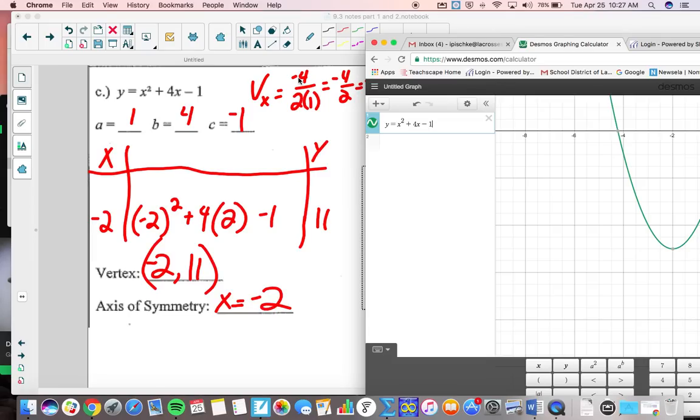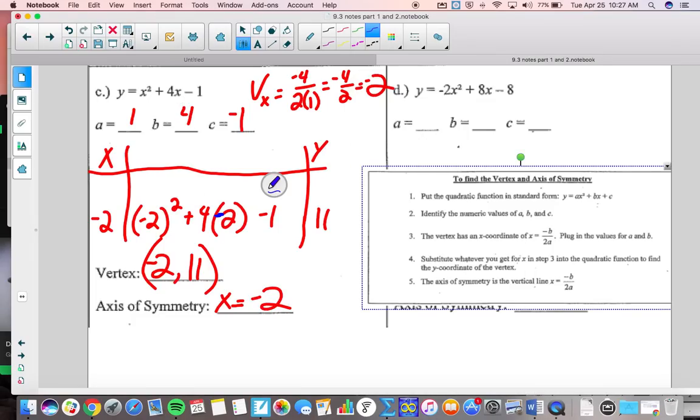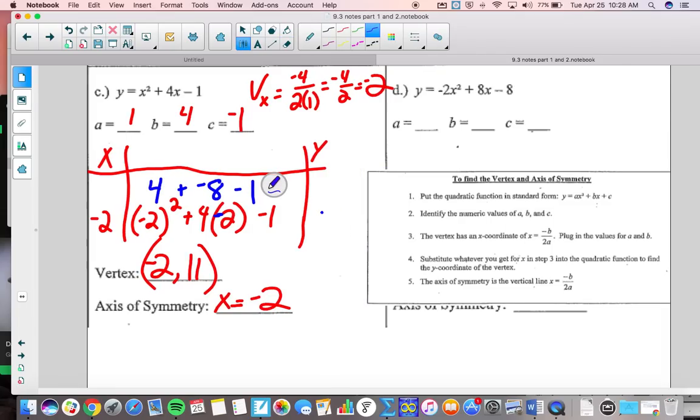Oh, did you guys catch this? X is -2. I plugged in a positive 2 there. So if we do this, we get -2 squared is 4 plus -8 minus 1. 4 minus 9 is -5. Oh, good thing we checked on our graph. Actually a calculator would have helped there, folks.